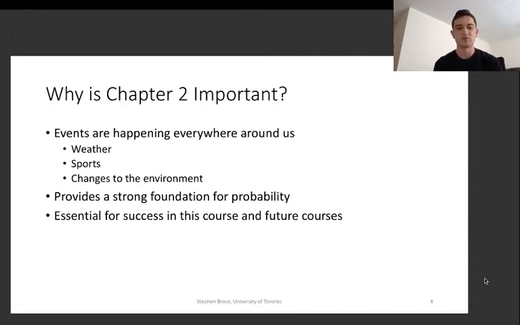Chapter 2 also provides us with a strong foundation for probability. So Chapter 2 is very important because understanding it will help you understand and learn more complex concepts later on in the course and in your future courses. So Chapter 2 is really essential for success, not only in this course, but also in future courses as well.